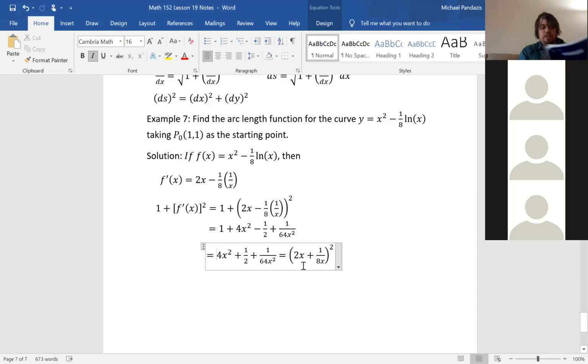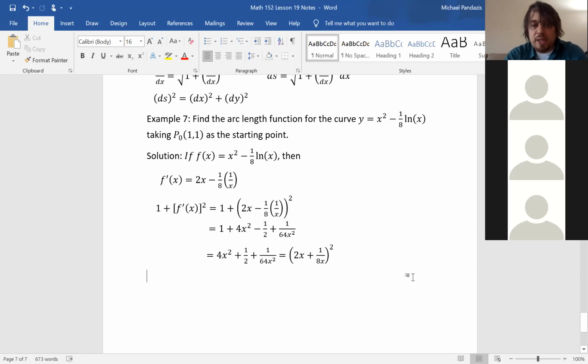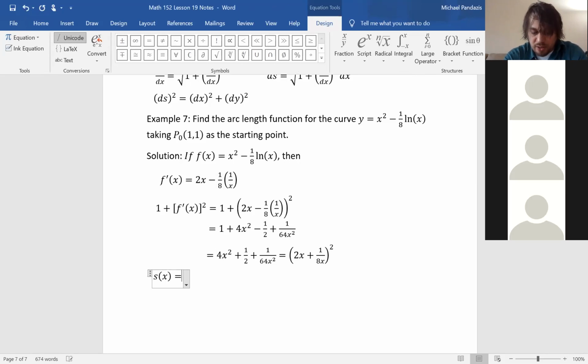The reason you want to express that as a square is because the goal is to find the arc length function. So s of x, the arc length function, is equal to, in this problem, the definite integral from the starting point at x equals 1 to the ending point, an arbitrary x that you choose, of the square root of 1 plus f prime of x squared.